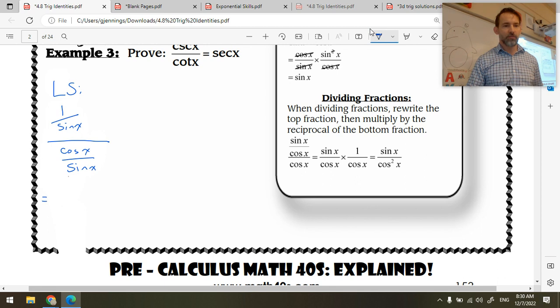So then this is equal to 1 over sine x, the numerator, multiplied by the reciprocal of the denominator. I flip the denominator to be sine x over cosine x. And then we see this cancels. We have the same factor on the top and the bottom, so those cancel away, leaving us with 1 over cosine x.